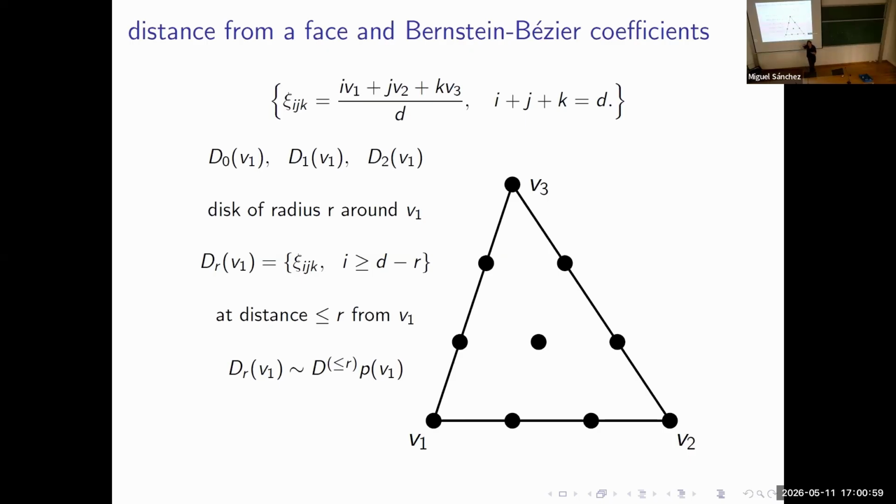Also, if you wish, right, it's at the combinatorial distance 2 from this vertex, which means I can loosely associate this coefficient with the second derivative at this vertex, okay? If I'm looking at this point, it's actually a better one. This point is also at distance 0 on the edge, right? So I can associate it with the value on this edge. Again, it's a loose association, but that's how we think about that.